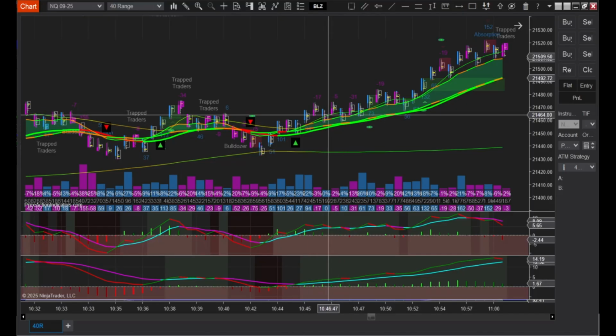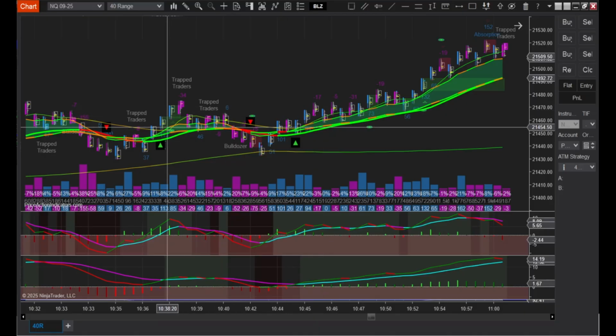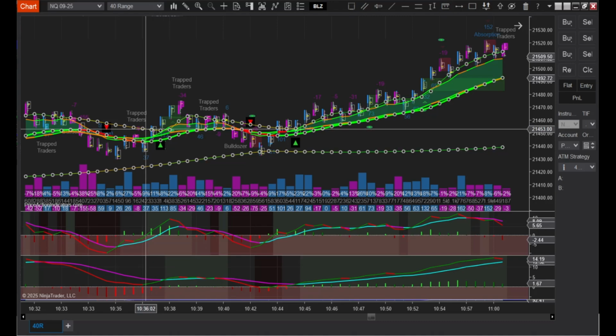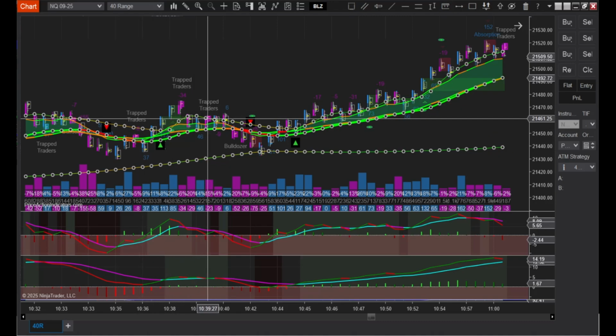We're inside the cloud, we hit the ADMA, and we pulled out of the channel. Here's the channel line, right there. Here it pulled out, pulled back in, never really pulled back out with us getting a signal.